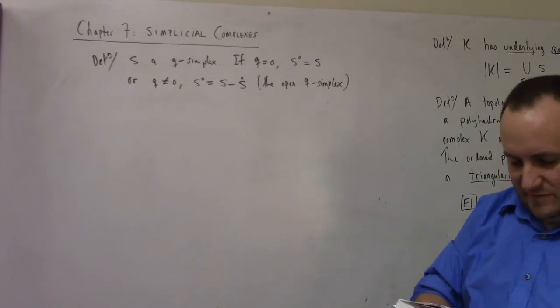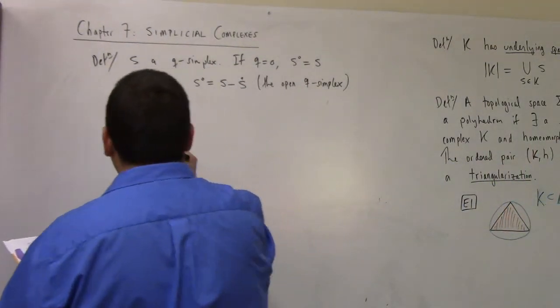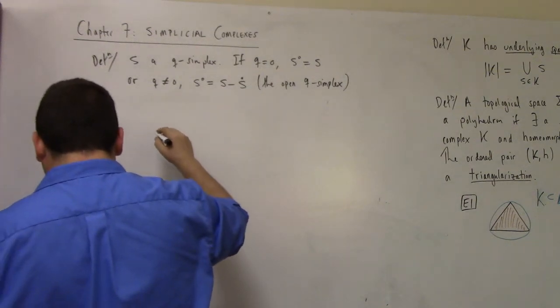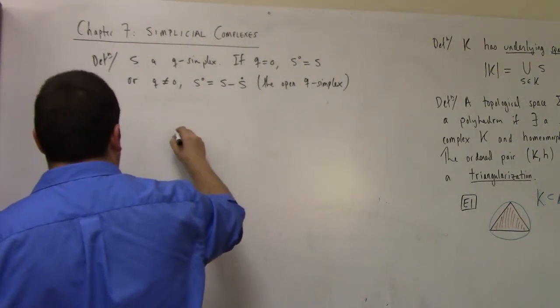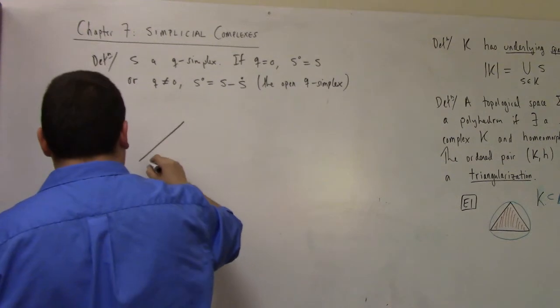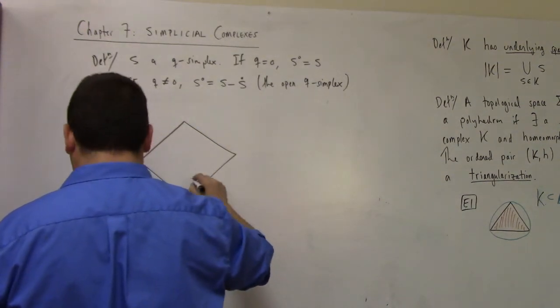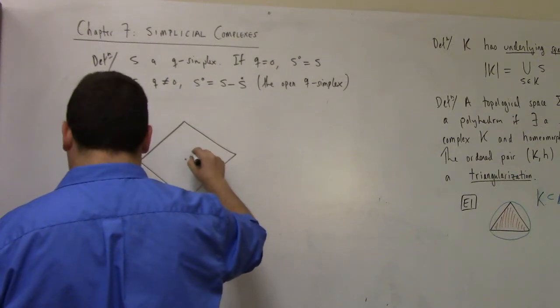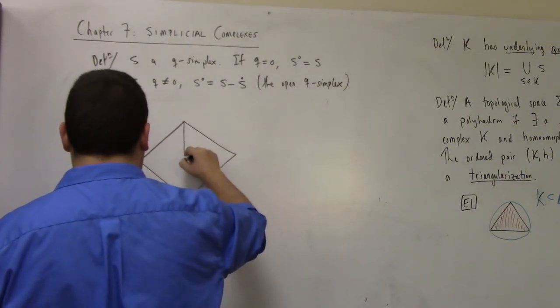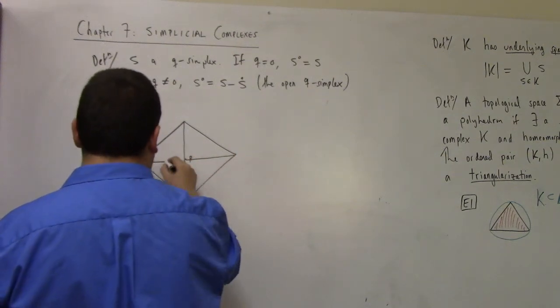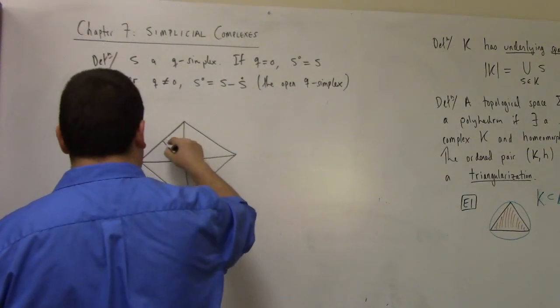This star construction is something, isn't it? Do you guys understand this? Essentially, you're just taking the open Q simplexes that are adjacent to whatever the point is. Let's see here.